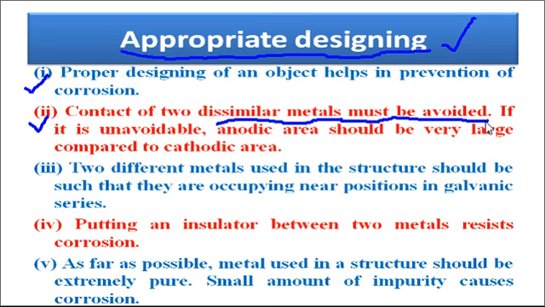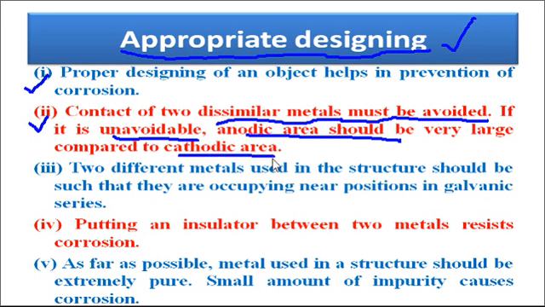So, first we have to avoid direct contact between two dissimilar metals. If this direct contact is unavoidable, then what precautions should be taken? First, if direct contact is unavoidable, then anodic area should be very large as compared to cathodic area.